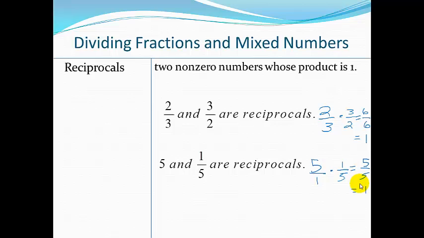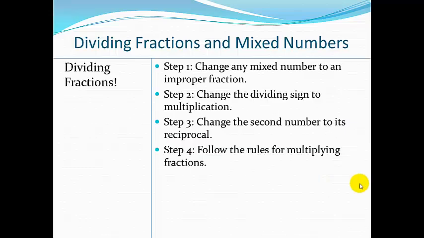Okay, so here's the slide that's going to have a lot on there. Calm down, write down the steps slowly, and then we'll go over it. Pause it. So it's similar steps, but a little bit different from multiplying. But remember, we're starting off changing any mixed number to an improper fraction.